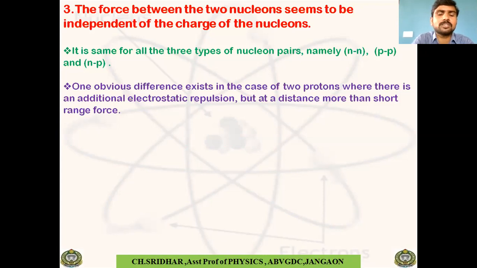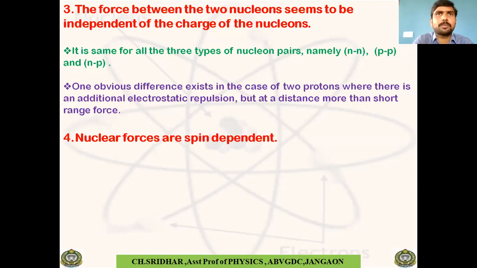That is the short range nature of the nuclear force. So the force between the two nucleons is charge independent. And the fourth one is that nuclear forces are spin dependent.